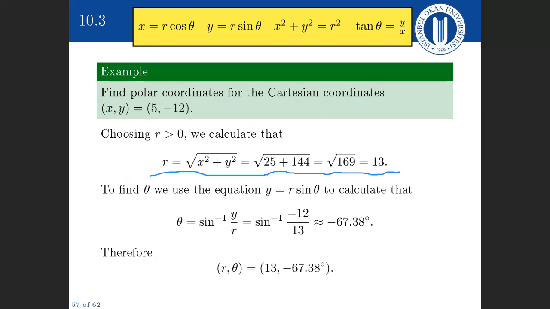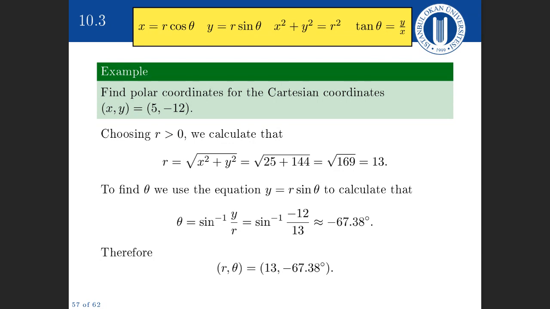Next, we need to find a theta. And of course, there's infinitely many theta. I missed something here, by the way. We could always choose to have a positive r or negative r. And I think having a positive r is easier. So I'm using r is plus 13. You could use r is minus 13 if you wanted to.